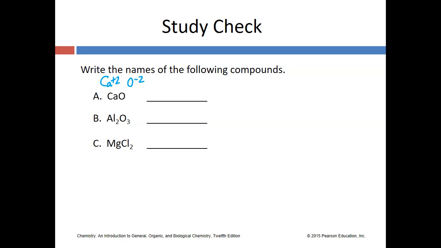The reason the formula is CaO instead of Ca2O2 is because, again, we've already got a balance of charge. We don't have to further complicate it. So Ca is calcium. O is oxygen. Change that to ide. So this would be oxide.